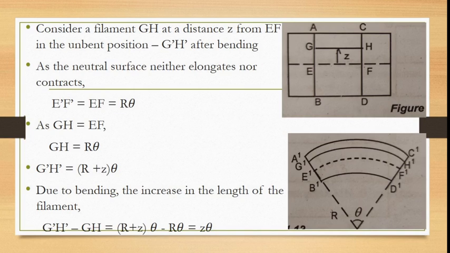So E dash F dash is equal to r theta, and E dash F dash is EF itself. So EF is equal to r theta. But from the first figure, you can see that EF is equal to GH before bending, isn't it? So GH is equal to EF, which is equal to r theta.